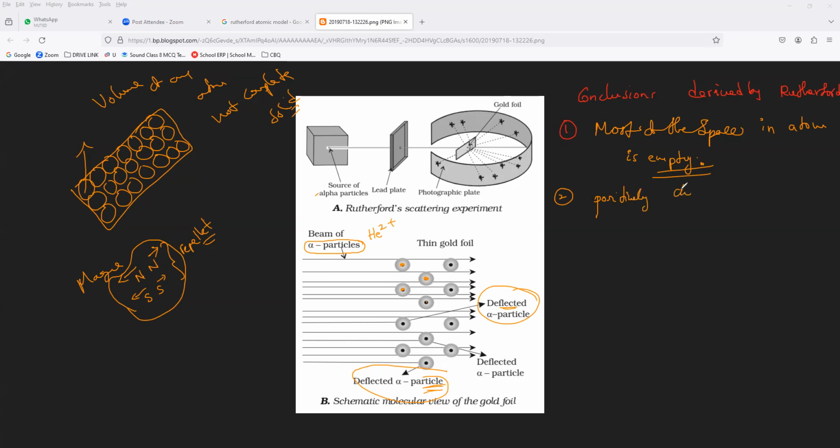Positively charged nucleus. Where is the positively charged nucleus located, everybody? At the center of the atom. So how can he conclude this point, based upon the second observation?